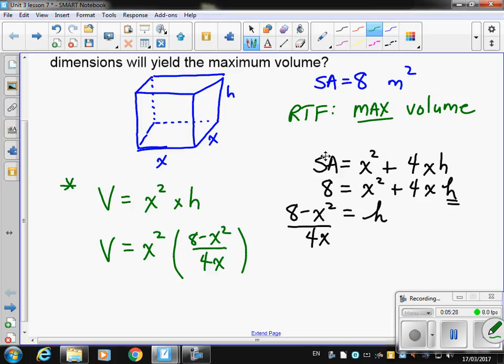So I have one variable in terms of the other. You would do a better job of communicating that to determine h in terms of x. And we are going to maximize the volume.